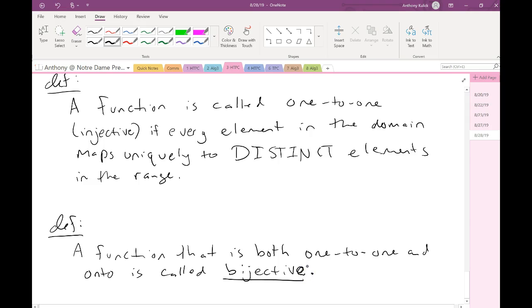So if a function is both one-to-one and onto, that function is called bijective.